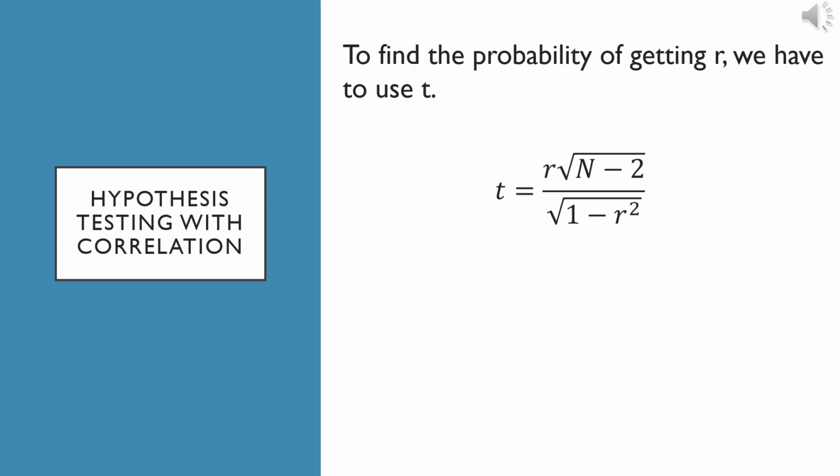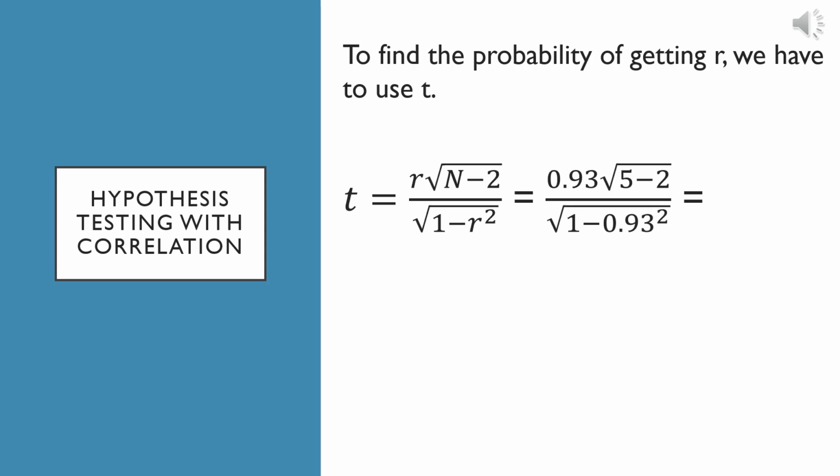You divide that by the square root of 1 minus your correlation coefficient squared. This is just a way to transform our correlation coefficient into a t-score so that we can compare it to a t-distribution, the comparison distribution, and decide whether or not we can reject the null hypothesis.